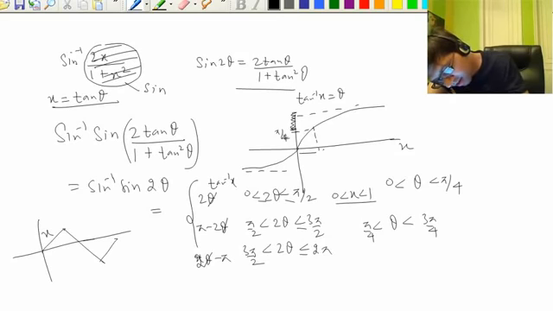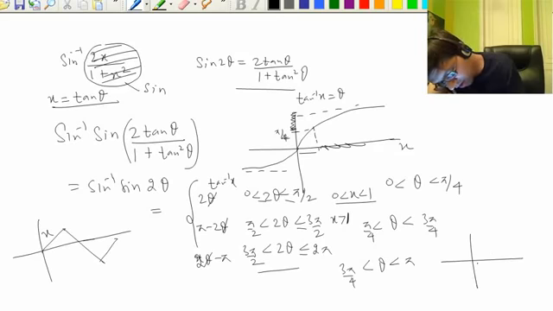So it means x greater than 1. This is x greater than 1. Fine. And for the last part, dividing by 2, theta is from 3 pi by 4 to pi. So we have to see it like this.